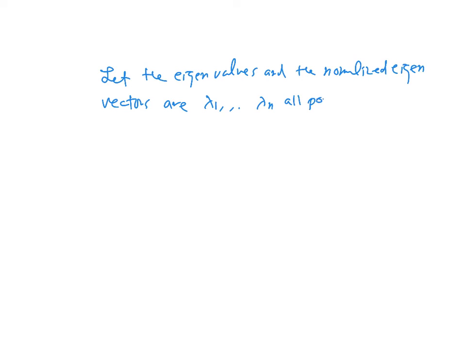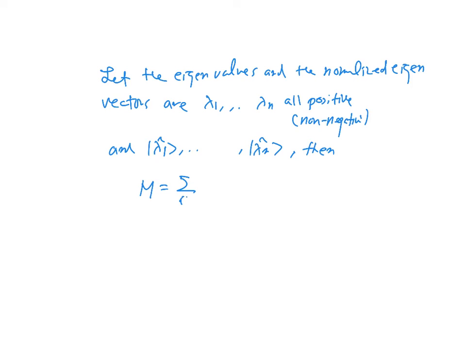The matrix is positive or non-negative, with eigenvalues lambda 1 through lambda n. Then from the spectral theorem we have the following: M can be written as this.